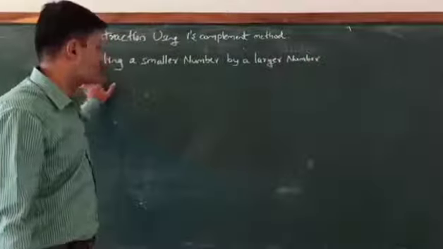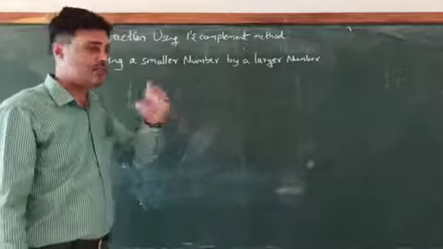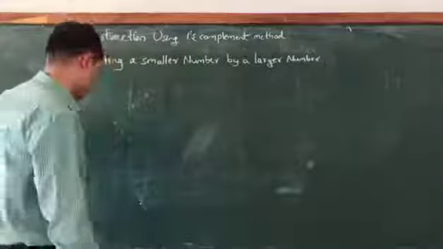First part is subtracting a smaller number by a larger number. There are some steps. Let us know one by one. What are the steps?